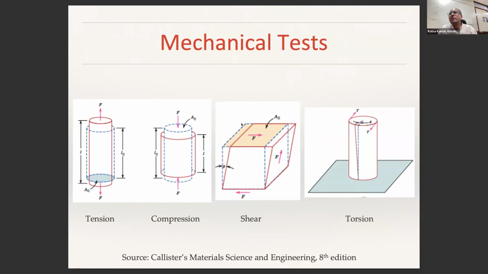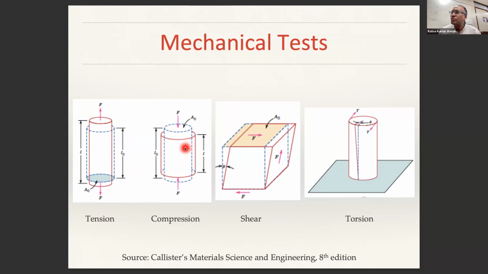Okay. So now in order to measure the properties that we have talked about, we can use various tests. For example, one of the popular ones is the uniaxial tension test. In some branches of engineering, such as civil engineering, they use the compression test, because most of the time the materials are primarily loaded under compression.